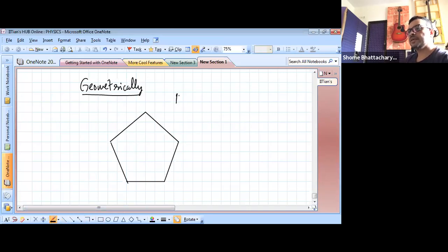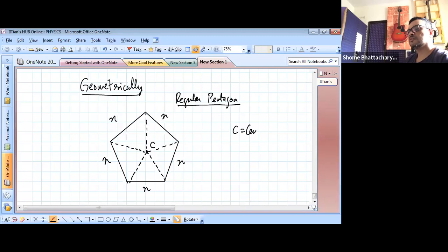You can see a regular pentagon has this property that all sides are equal, and therefore we join them to the centroid of the pentagon. C is the centroid. Then these angles are each one of them 360 by 5 or 72 degrees.